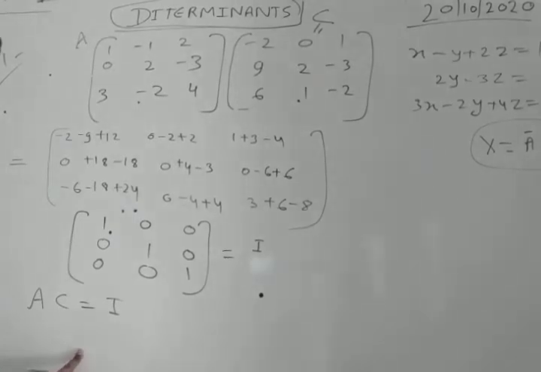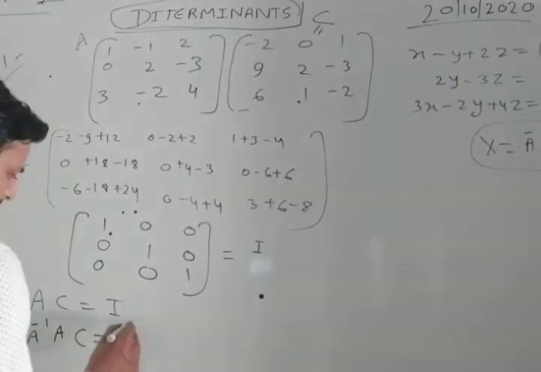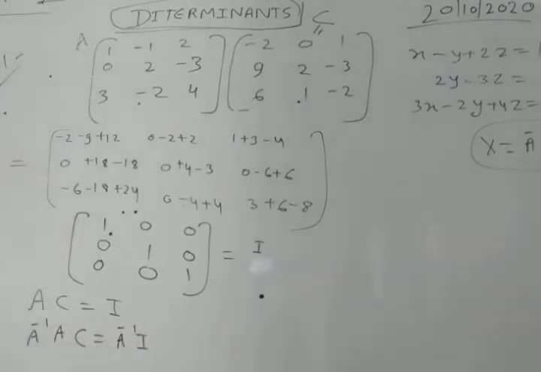For finding A inverse, we multiply by A inverse on both sides. So we get A inverse A C is equal to A inverse I. Now we know that A inverse multiplied by A is our identity.